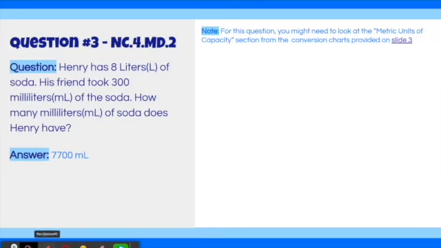For this question, you may want to look at the conversion charts which we provided. We'll have them linked in the description box below, but you can also go back to the timestamp. We know that Henry originally had 8 liters and his friend took 300 milliliters. To complete the subtraction, we have to convert the liters into milliliters.